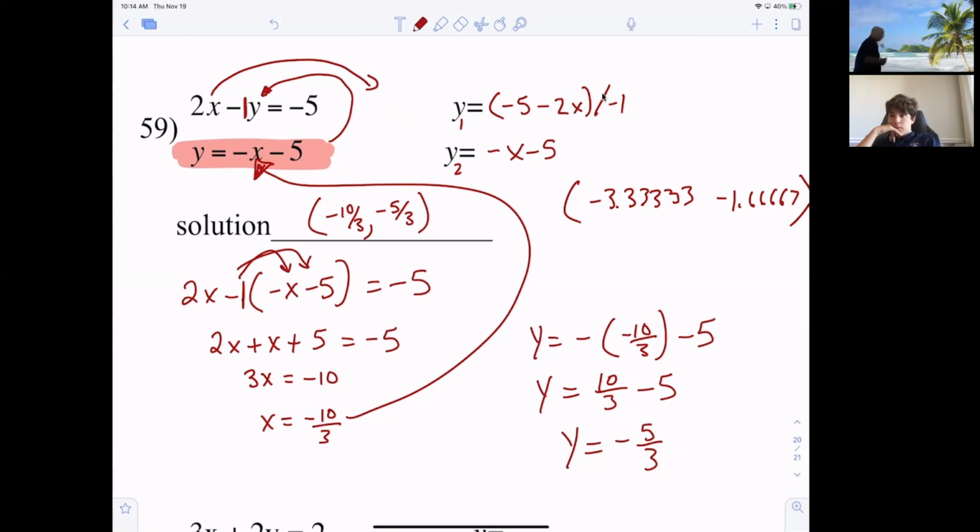Yes, sir. When I press X and then... I can't hear you. How do I do what? You hit math, and then you hit enter, enter, enter. That's the strokes that you use to get that.